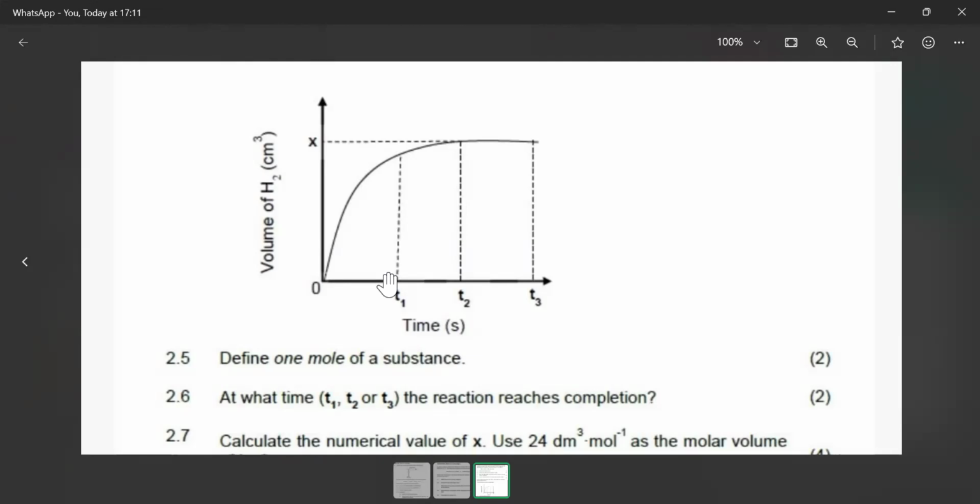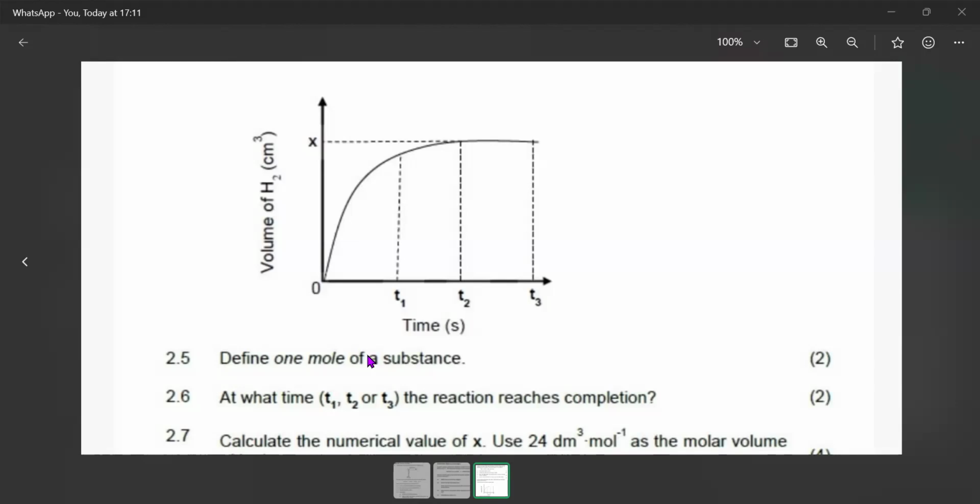Now we have the times T1, T2, as well as T3. What is important here is that at time T1, the volume is still increasing. Of course, it's increasing at a decreasing rate, but it's still increasing. The reaction is still taking place. But at T2, there is no volume being produced anymore. The reaction stops at T2. Why?